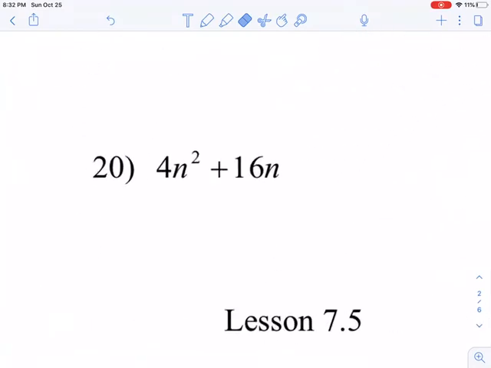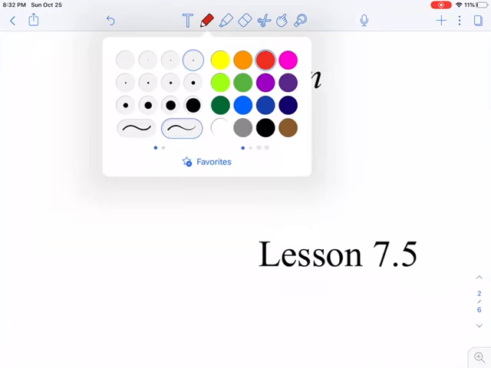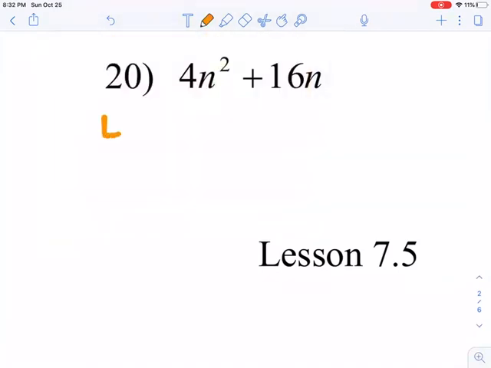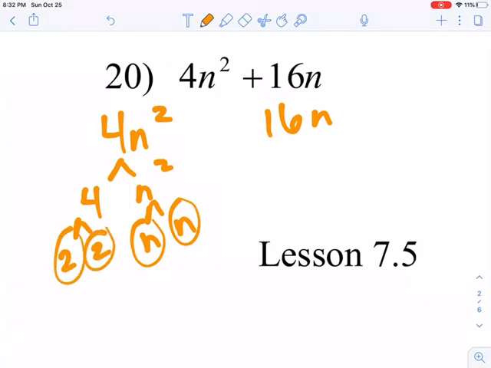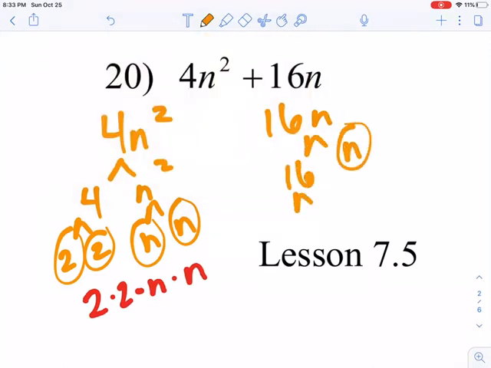All right, let's look at 20. You have a 4n squared and a 16n. 4n squared is n, n, and 4 is 2 and 2. So for this one, you have 2, 2, n, n. 16n is 4 and 4, 2 and 2, 2 and 2.